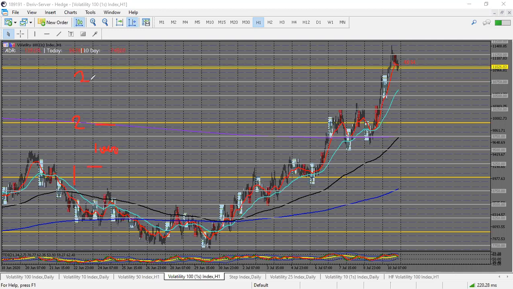From 2 to 3, there must be at least 1,000 pips. So they are saying that the market will move from 1 up until 2 and maybe retrace a bit and go from 2 up to 3. If the market starts its journey from 1, it's supposed to move 1,000 pips until 2 and then react when it gets there.